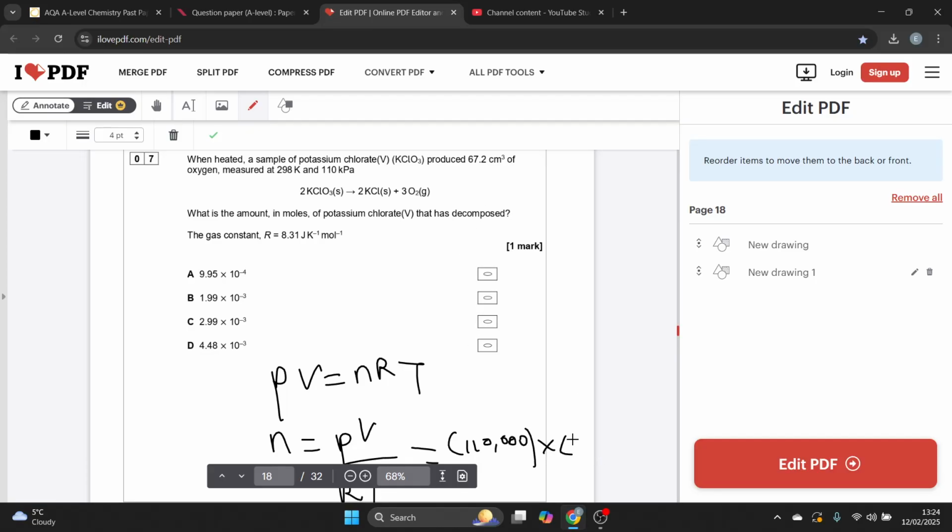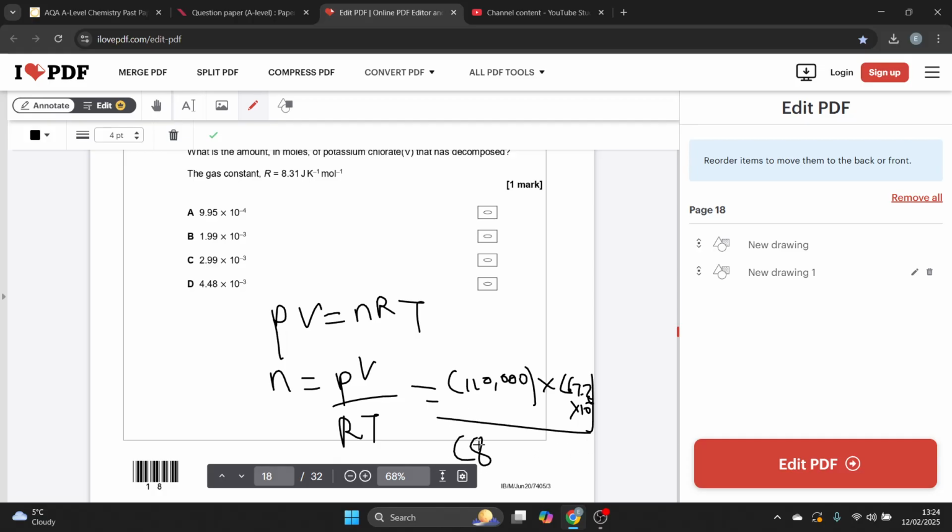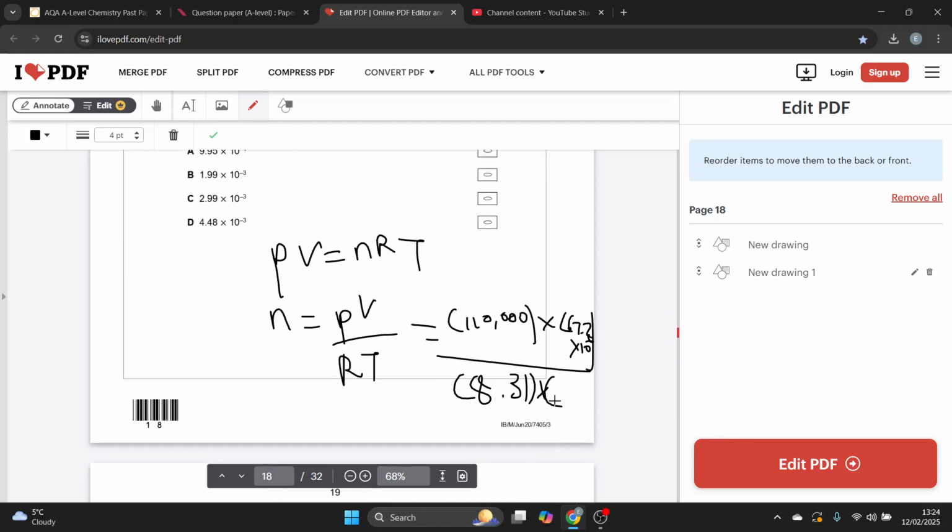Volume always needs to be measured in metres cubed, so 67.2 times 10 to the power minus 6, divided by 8.31 times the temperature in Kelvin, 298 Kelvin.